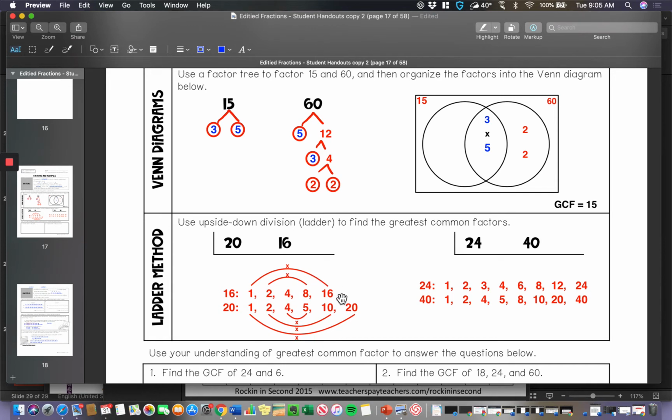So 1 times 16 gives me 16, 2 times 8 gives me 16, and 4 times 4 will give me 16. And on the bottom we have 1 times 20, 2 times 10, and 4 times 5. I can find my greatest common factor by finding the largest number that these numbers share. When I look, 1 is shared, 2 is shared, 4 is shared, and those are the only numbers there that are shared.